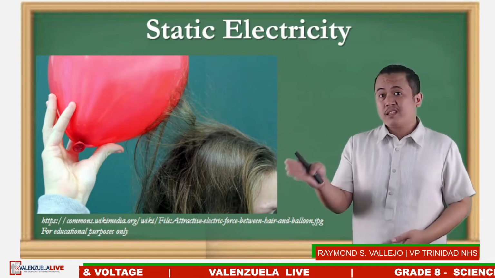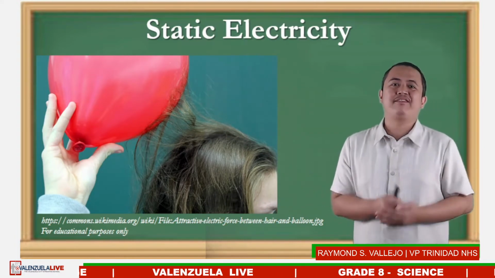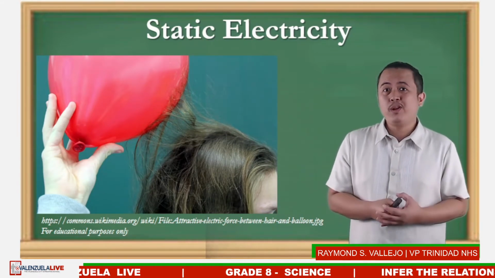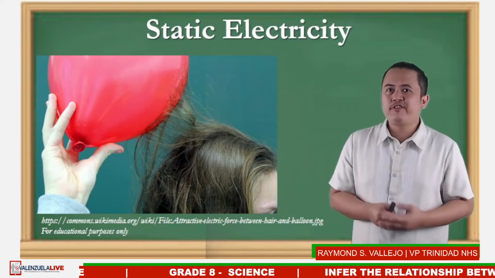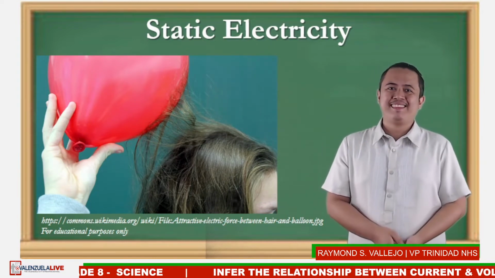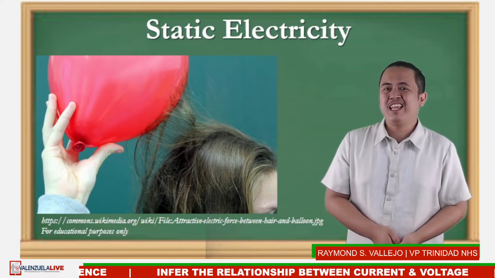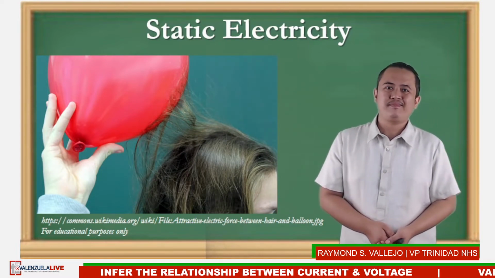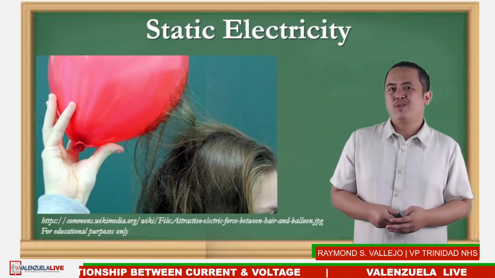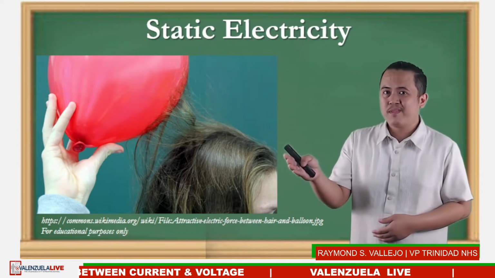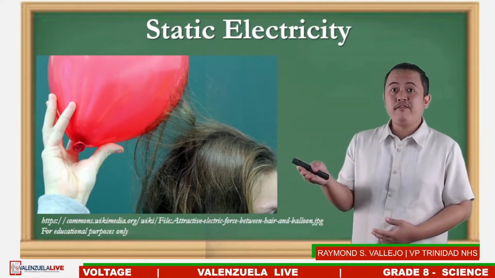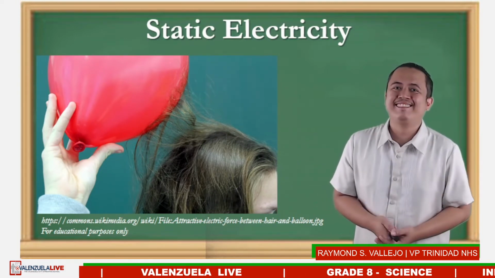Is it positive or negative? How about the balloon? Is the charge of the balloon positive or negative? Write your answer in the comment section. I am looking for two answers, by the way: the charge of the balloon and the charge of the hair. Is it positive or negative?